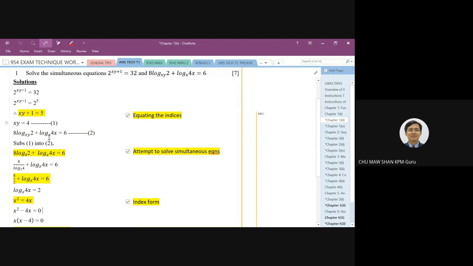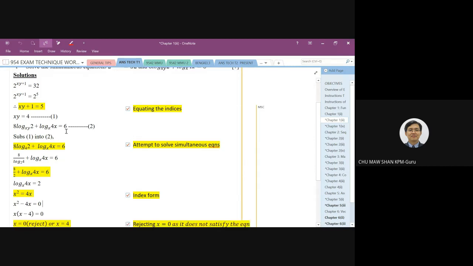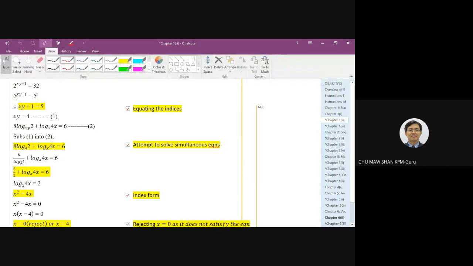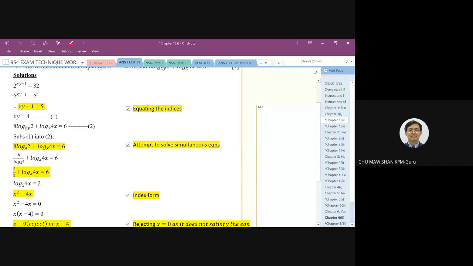Now from the logarithmic equation, this xy I can substitute with 4. So I get 8 log 2 base 4 plus log 4x base x equals 6. Actually this is a step where we already substitute. There's a mark there.